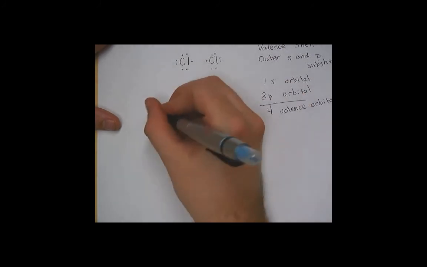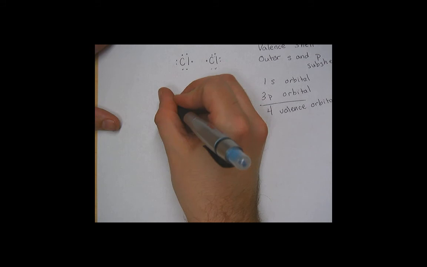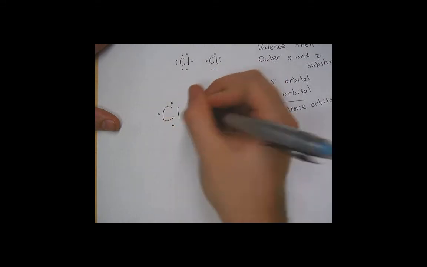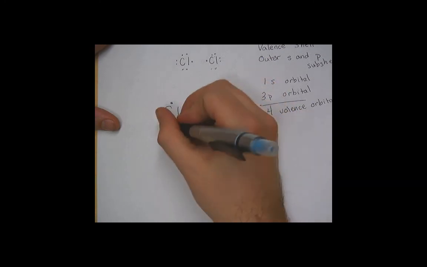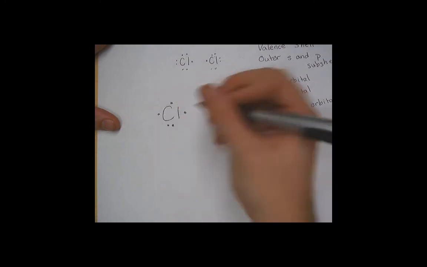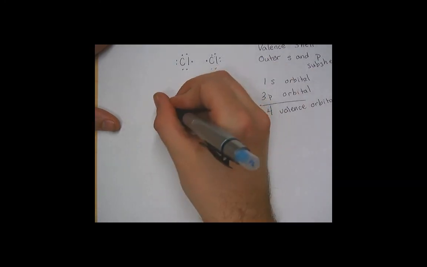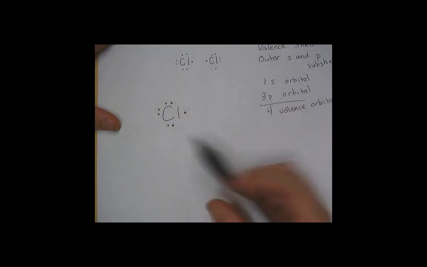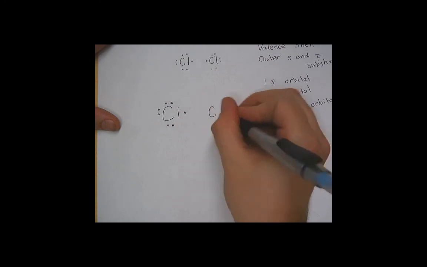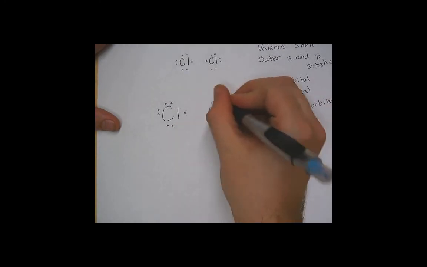So 1, 2, 3, 4. Then, once I've put 1 electron in each orbital, I'll pair them up until I run out of electrons. Okay, and you get the Lewis dot structure of chlorine. And I just did the same thing with another chlorine before.